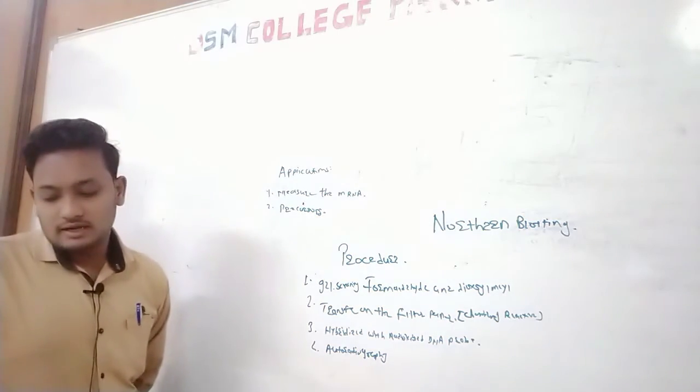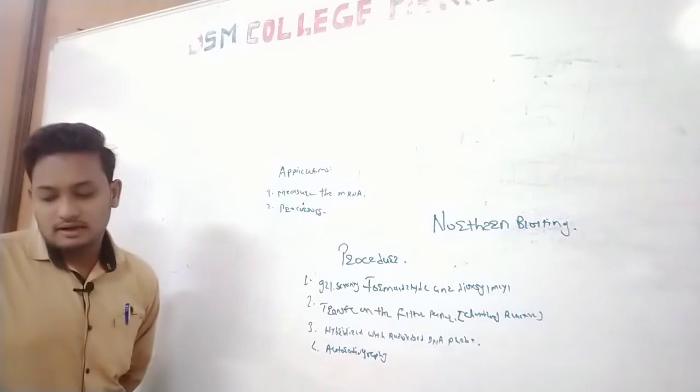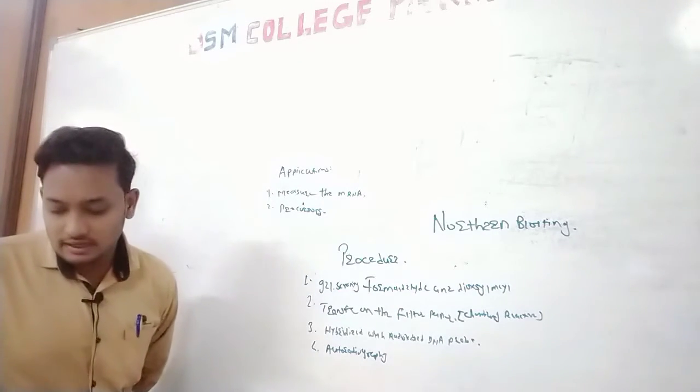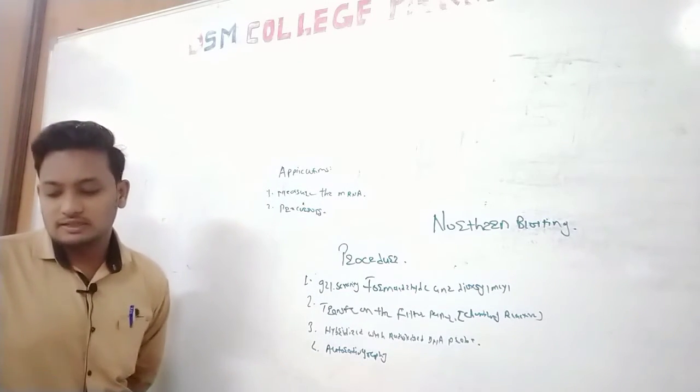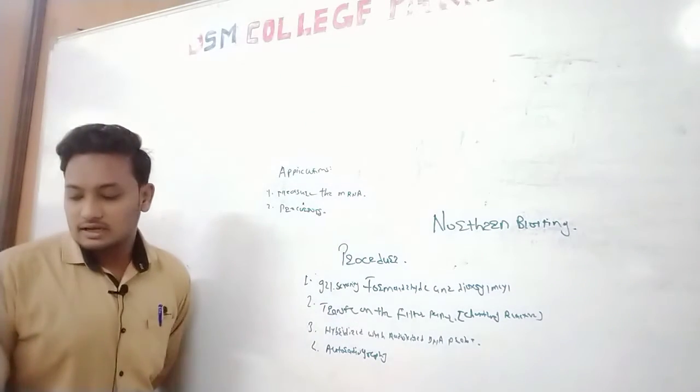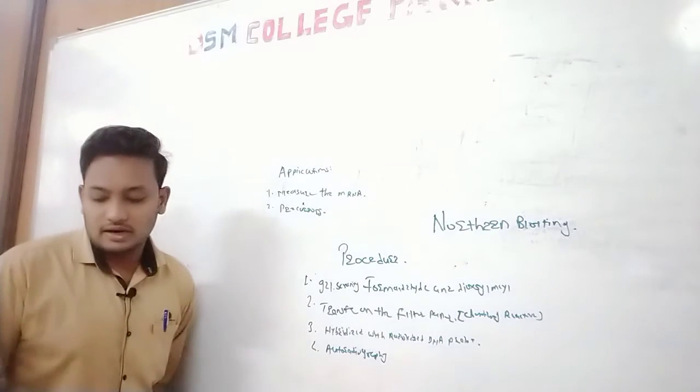Another important point is that if suitable molecular weight markers such as E. coli ribosomal RNA, globin mRNA and other RNAs are run in the electrophoresis, an estimate of the molecular weight of the hybridizing mRNA can be made. Okay.